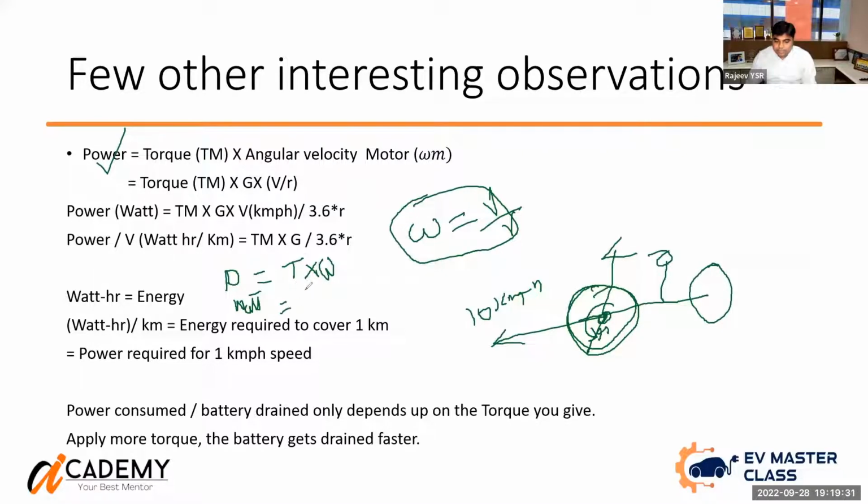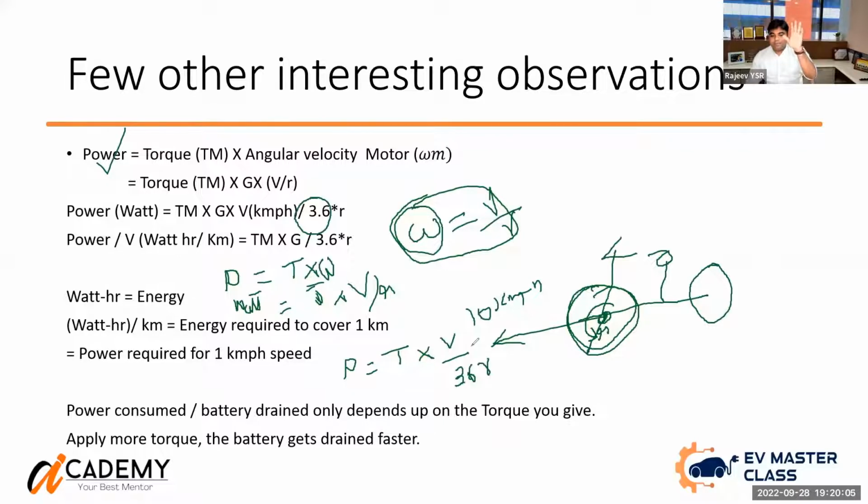Watt equals torque into V by R. Now why this V by 3.6? When you convert this angular velocity into linear velocity, 3.6 is the factor that comes in, which I'll explain in the coming slides. So power is equal to T into V divided by 3.6 times R.